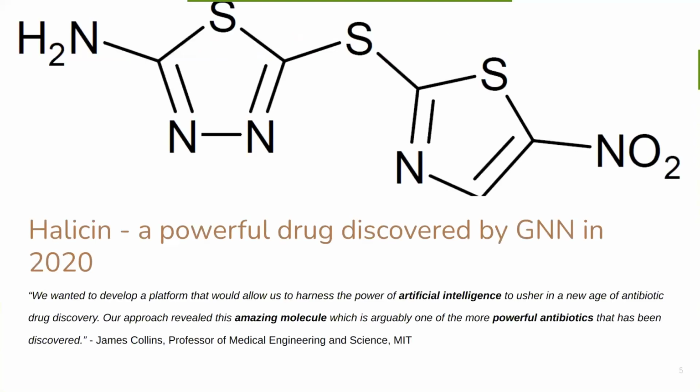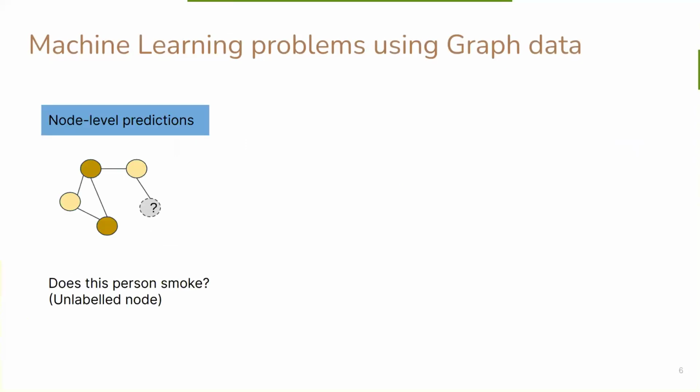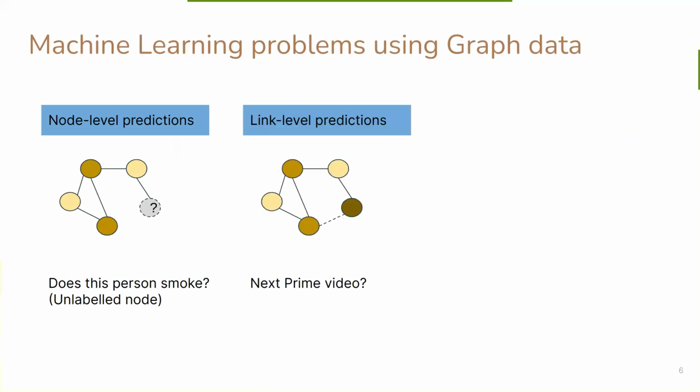Now, let's also see what you can do with graph data. GNNs can address different types of machine learning problems using graph data. To begin with, we can do node level predictions. Here we predict attributes or classify unlabeled nodes in a graph by leveraging information from neighboring nodes. For example, predicting if a person smokes or not based on their social network. Second, link level predictions.